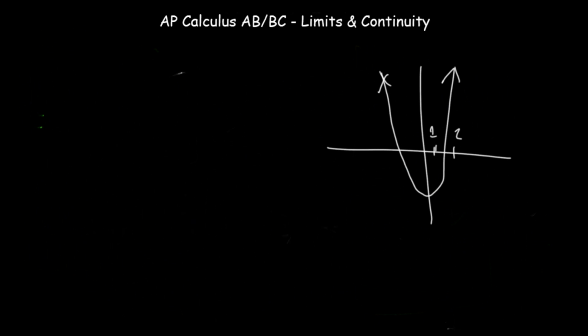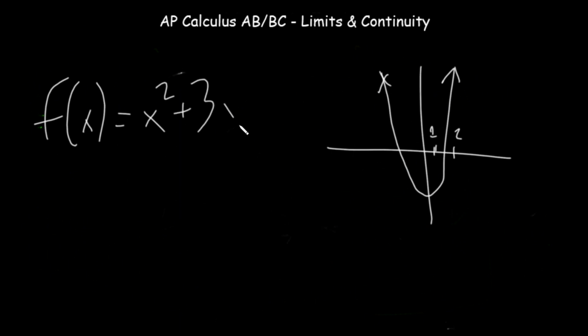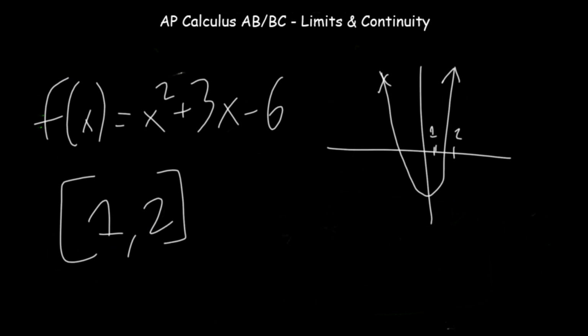The graph here can be represented by f of x, which is x squared plus 3x minus 6. And we want to know why there's a root in between these two values. Well, you can evaluate this if you want, just to double check, but you can actually look at the graph right here.